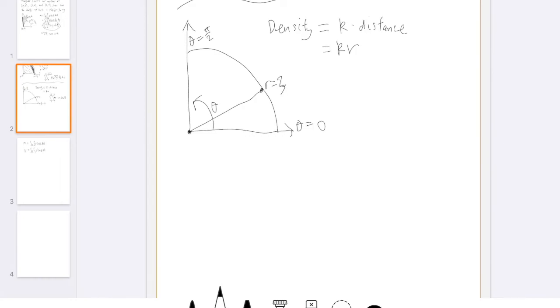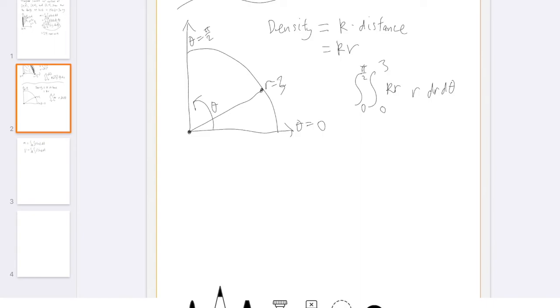Now we just have to plug it into our double integral. I'm going to use dr d theta. And if you remember from 13.3, we're going to have an r here. And then we're going to plug in our density function, which is kr. Next, we'll plug in our bounds for radius from 0 to 3. And then finally, for theta, from 0 to pi over 2.